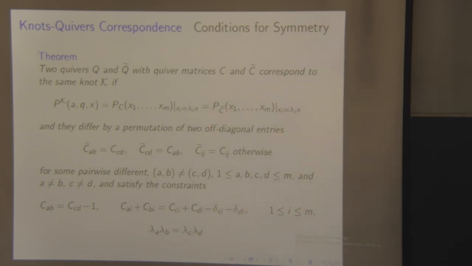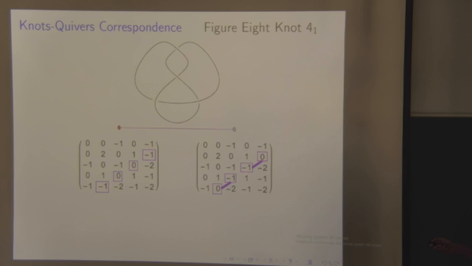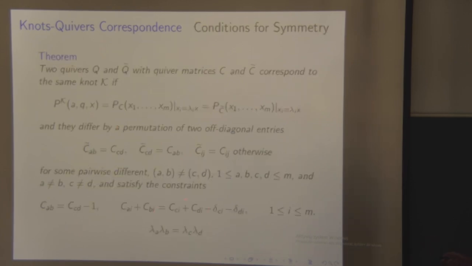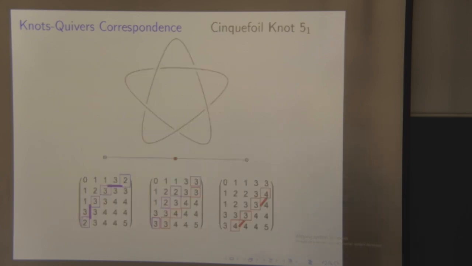You don't need to memorize the constraints, but the idea of the theorem is that it's only a transposition of entries, if they differ by 1 unit. So in this case, 0 and -1 differ by 1 unit, and you can check that the rows and columns satisfy these identities, so then you're allowed to transpose it and get the same quiver generating series.